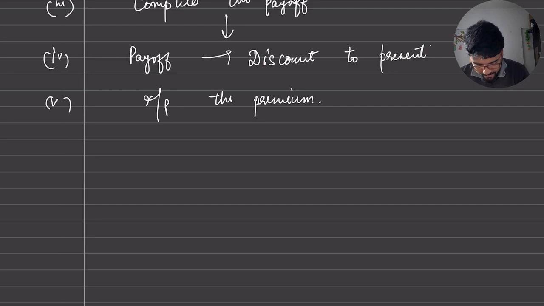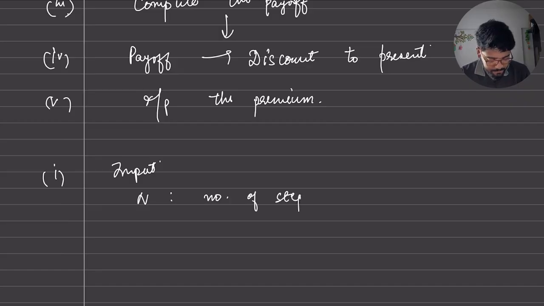So the input parameters that we are going to use: first let's define n as the number of steps in GBM, and m is going to be the number of Monte Carlo simulations.